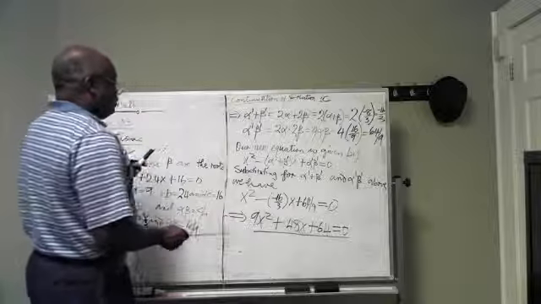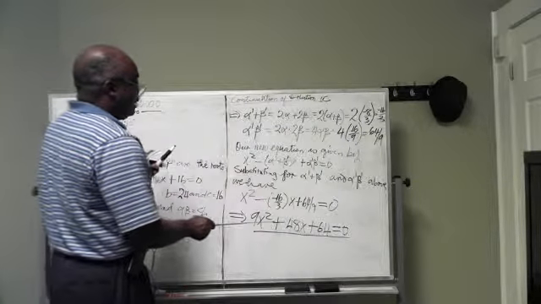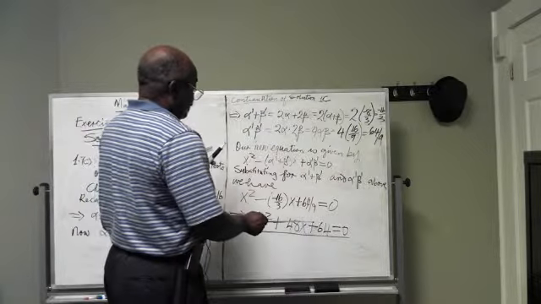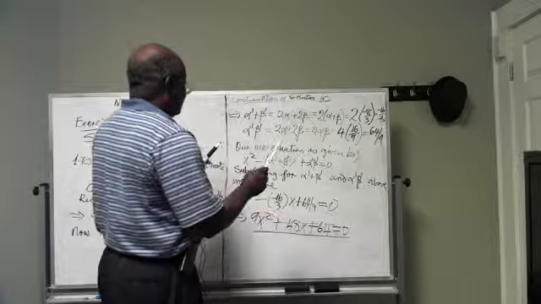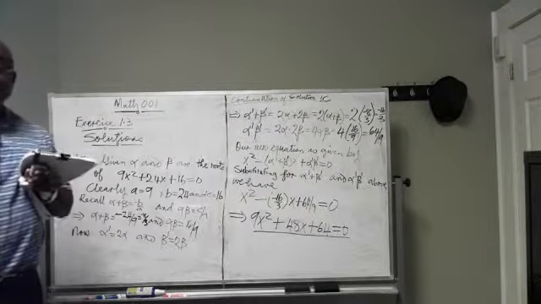So if we further simplify, we'll have 9x squared plus 48x plus 64 equals 0. And our solution is complete.